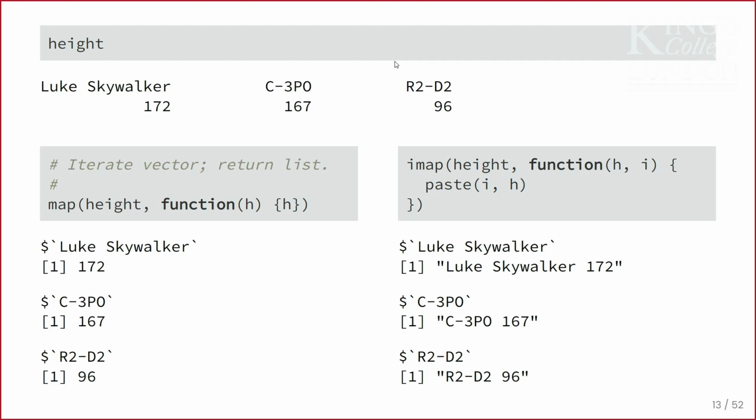And this has some very useful consequences. So in this case, I've got a very trivial function. What it does is it takes the index and the data, concatenates them together, and just returns the results as a string. So I've now got a list of strings. But you can do something very cool with this.